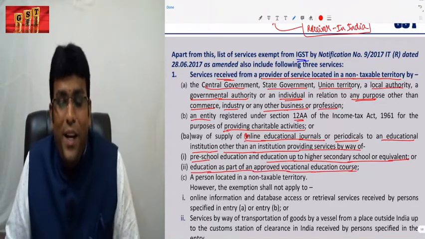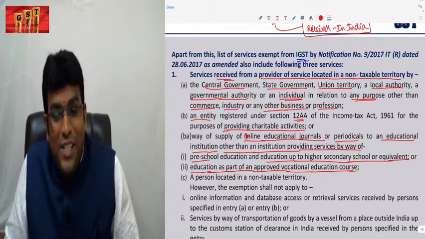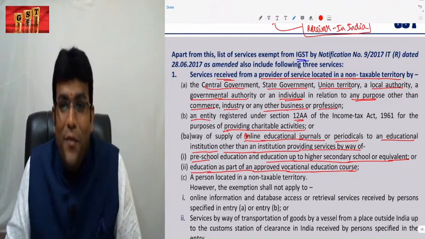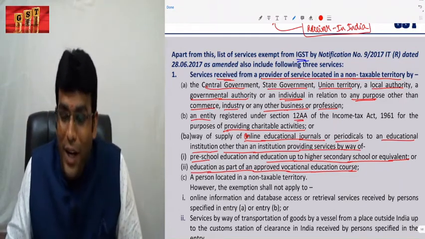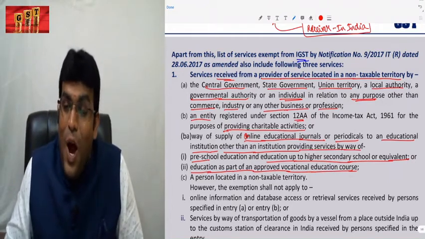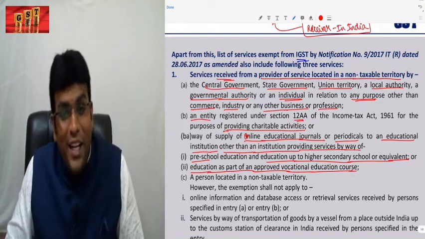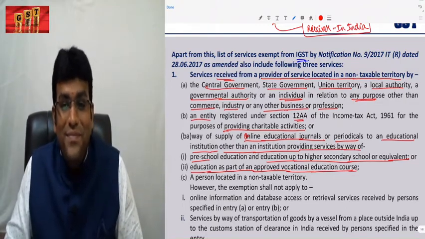Friends, already we spent a lot of time on discussion about online educational journals. So when it's exam, my dear friends, service received from provider of service located in non-taxable territory, and they are giving online educational journals or periodicals to an educational institution, that is exempt.